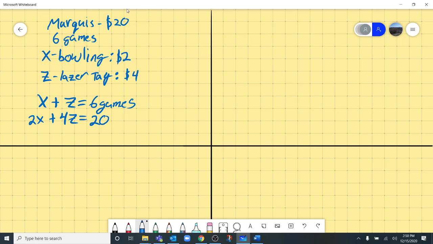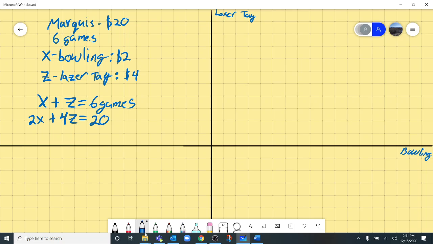Our z-axis is our laser tag axis, and our x-axis is our bowling. Really we're only interested in the positive, because we can't play negative laser tag games and we can't bowl a negative number of games. I don't even know what that would look like.